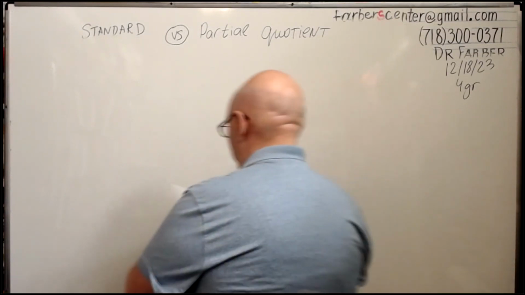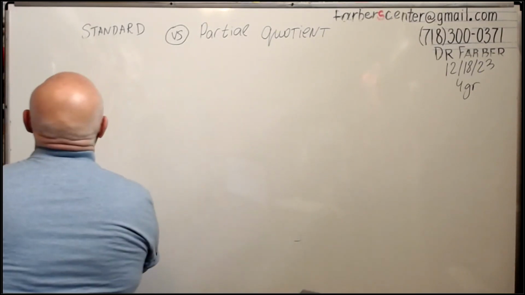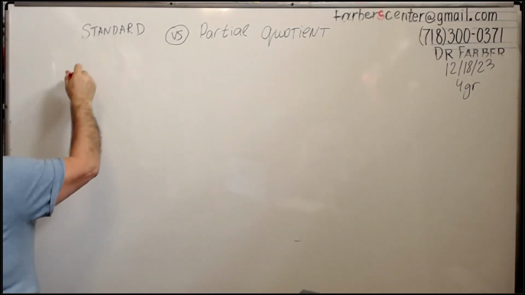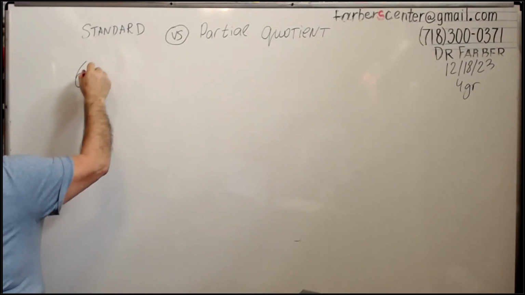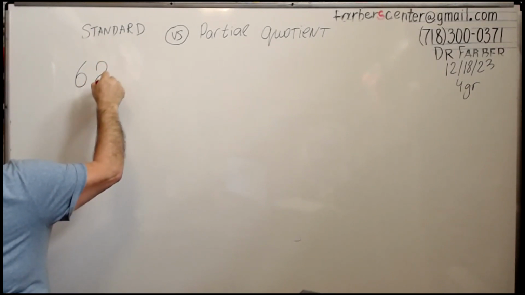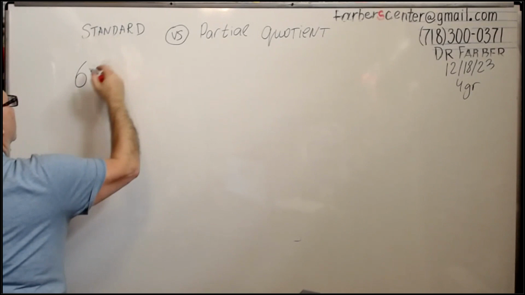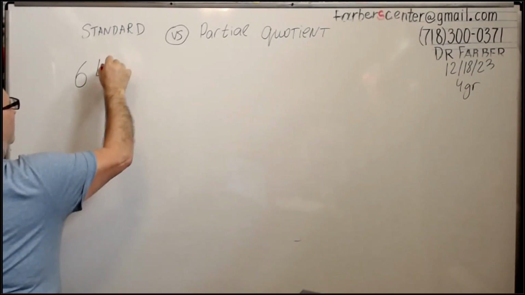I will give a number. 6,000, 200 or 400, make it more convenient. 29.